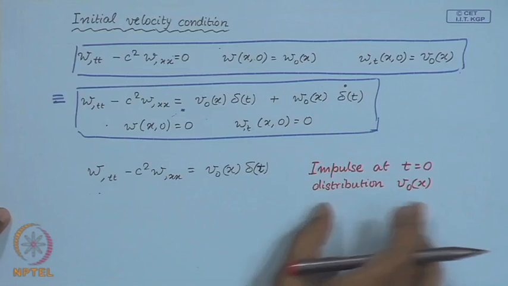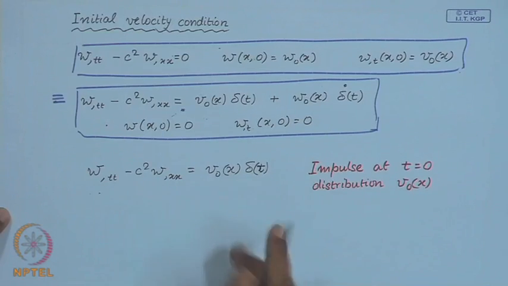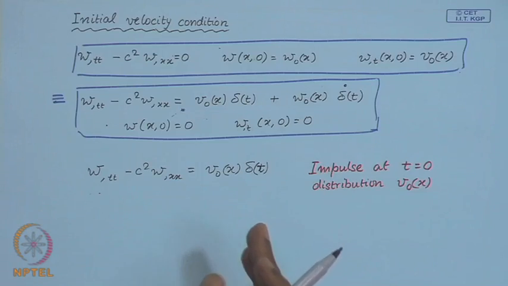Now, in very special situations, for example, when we strike the key of a piano, or we strike the string of a santoor with the hammer or the mallet, then what we are giving is an impulsive force at a particular location.